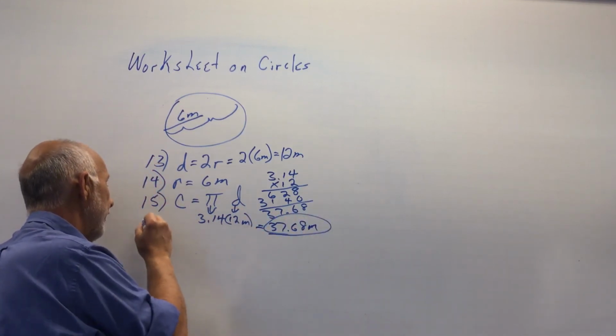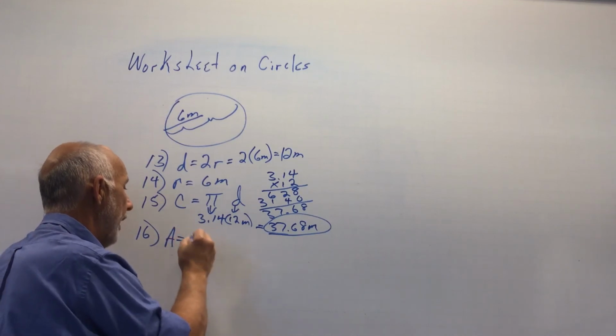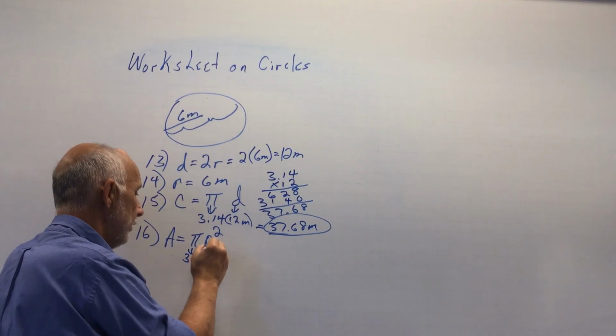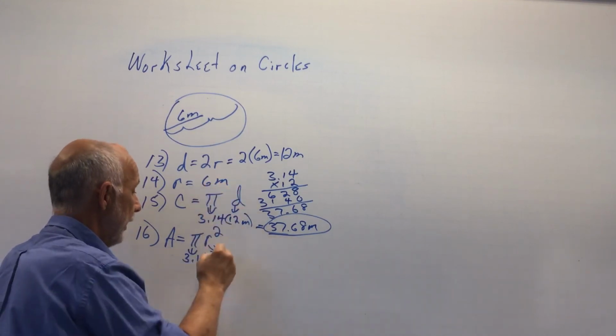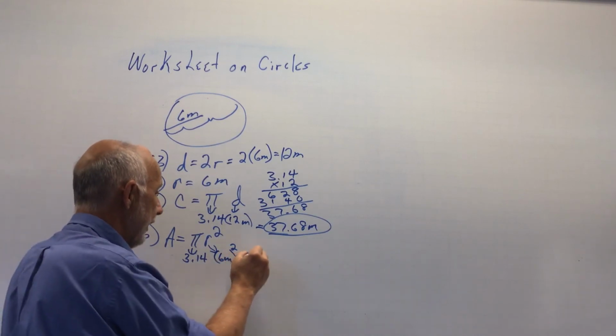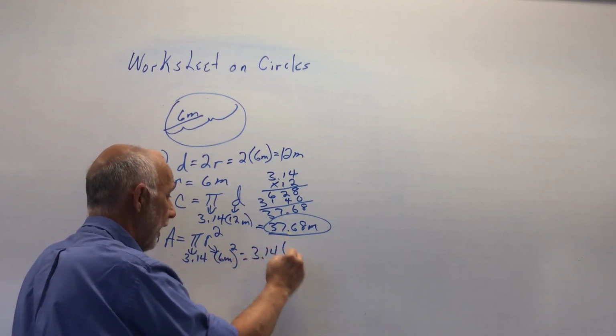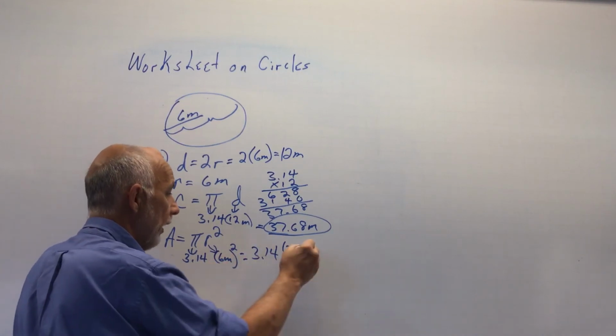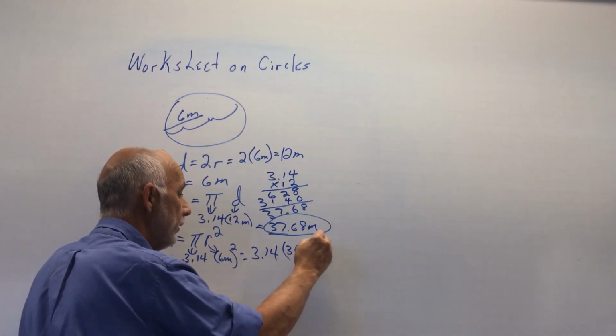And finally, the very last one, area is equal to pi times the radius squared. Pi is 3.14. The radius is 6 meters, and you got to square it. That gives you 3.14 times 36. 6 times 6 is 36. Meters times meters is square meters.